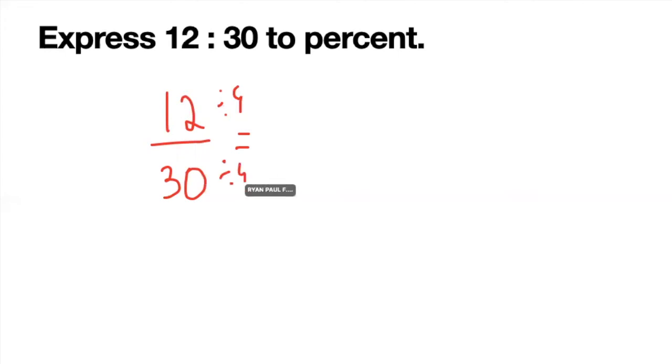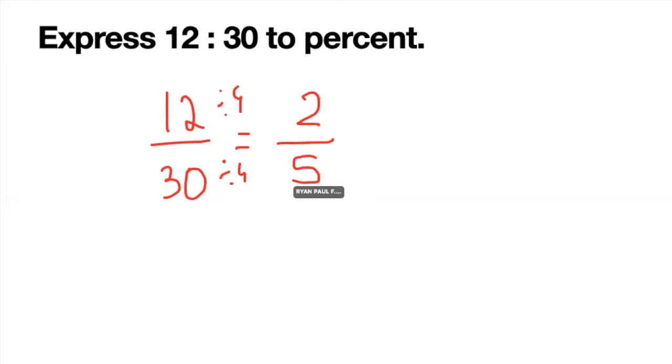Next one. How do we express 12 is to 30 as a percent? Again, 12 is to 30 can be written as the fraction 12 over 30. We can get its simplified form by dividing both of them by 6, and I will get 2 over 5.